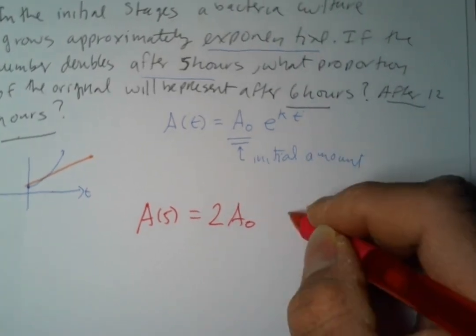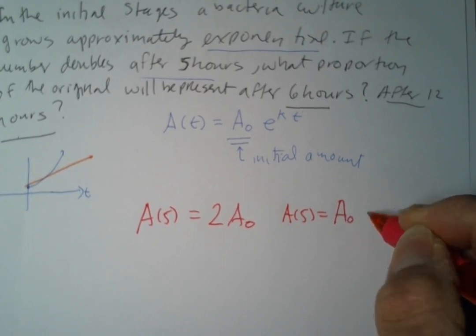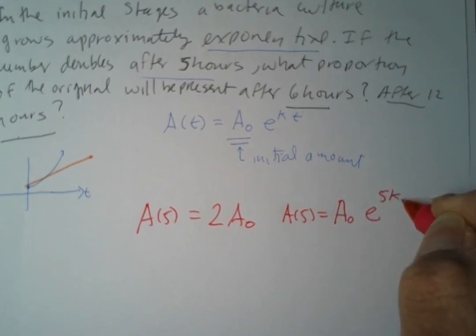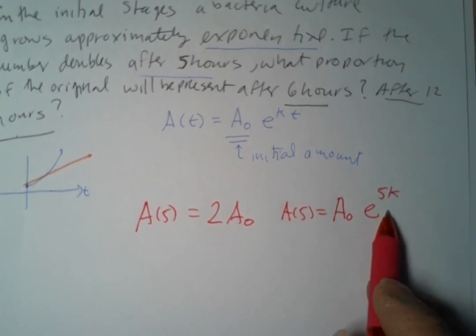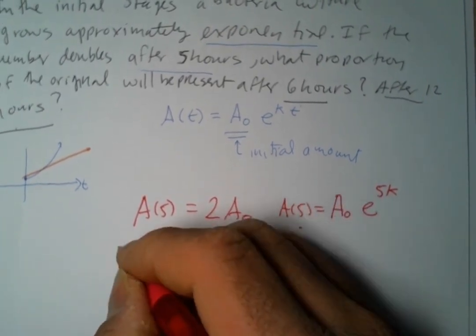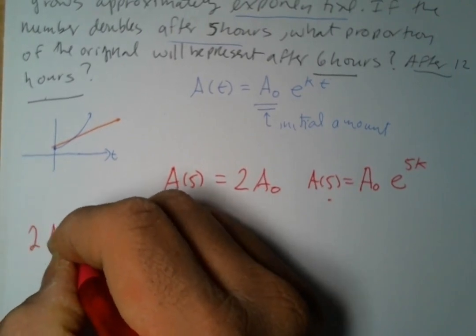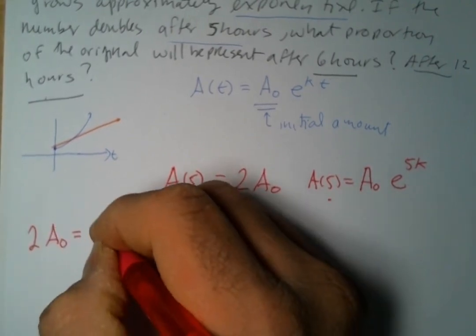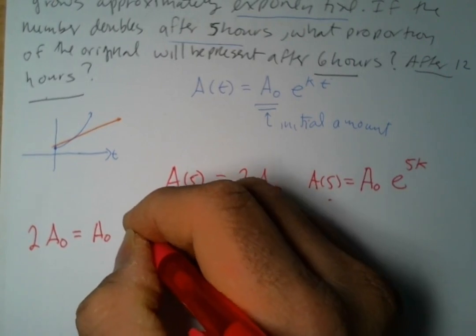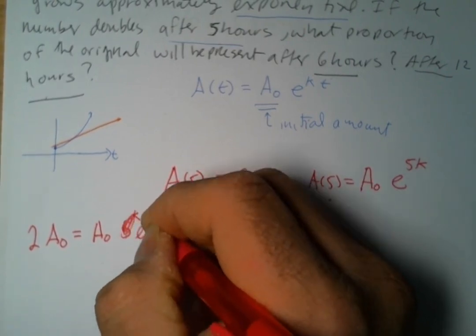But also A of 5 is the exponential growth function where I plug in 5 for t. So now I have these two, and they're equal to each other. So let me go ahead and set these equal to each other. Excuse me, e to the 5k.